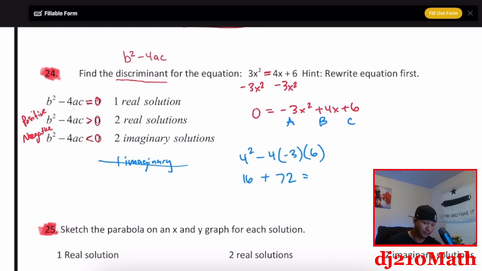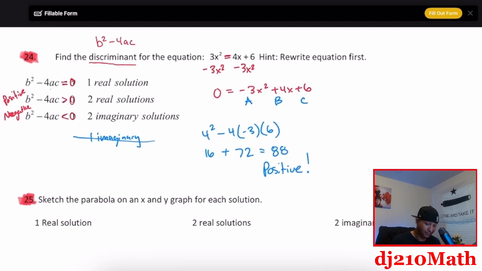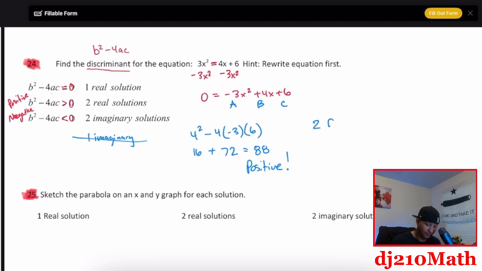For completeness, let's say it's 72 plus 16, 80, 88. But it's a positive number. That's ultimately what I'm looking for. So that means it has 2 real solutions. Two real solutions, definitely, because it's a positive number. It's bigger than 0.